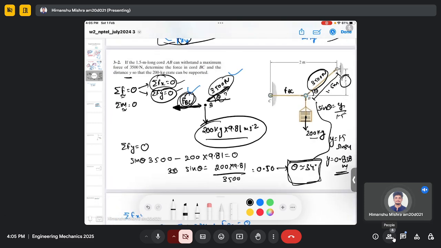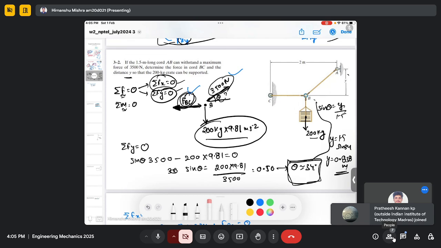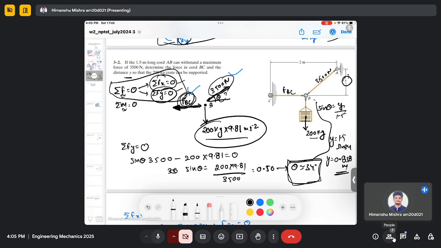So just to recap, here we have been given the rod with various chords. The chord AB experiences a force of 3500 Newton, and we need to calculate the force at chord BC and the distance y. So we actually used the summation of force equation and equated it to 0 because it's an equilibrium condition, because it is given that the 200 kg crate should be supported.